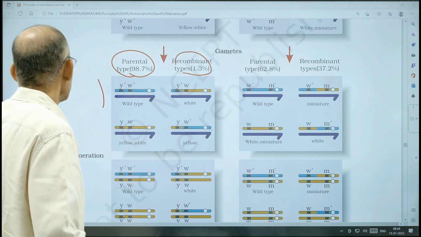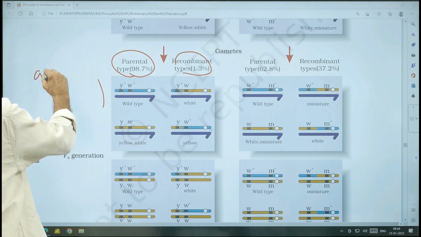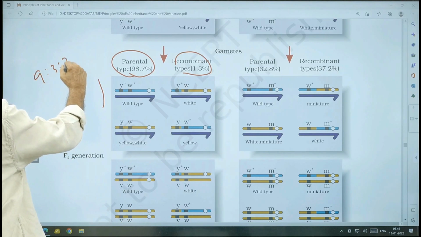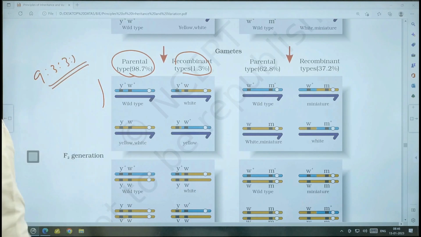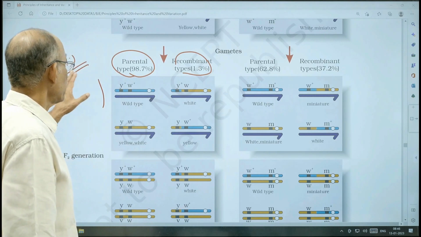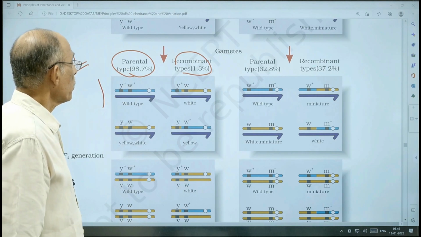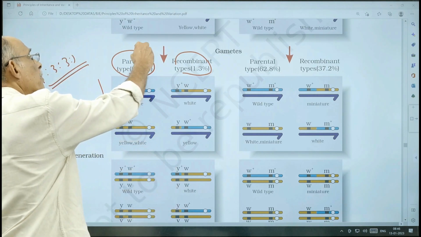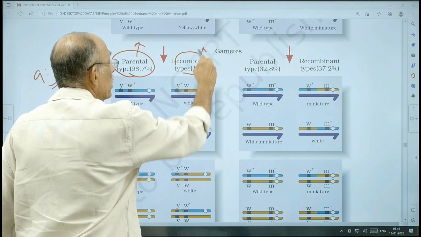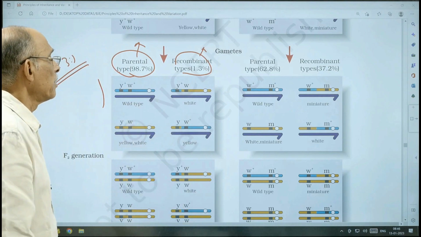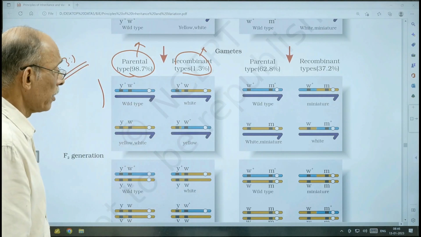And it is a dihybrid cross, so he was actually expecting a 9:3:3:1 ratio, Mendel's ratio. But Morgan obtained far more parental types and a negligible number of recombinant or new types.